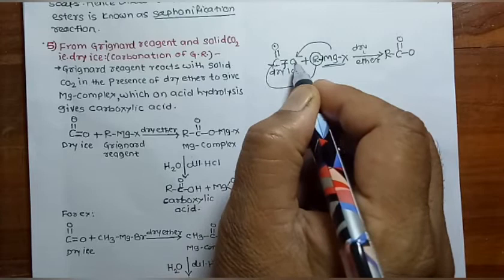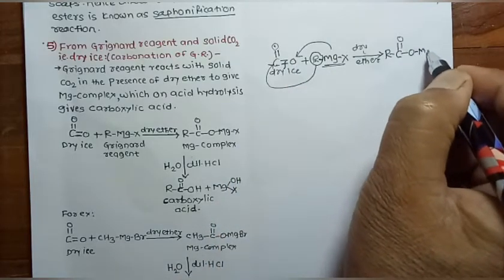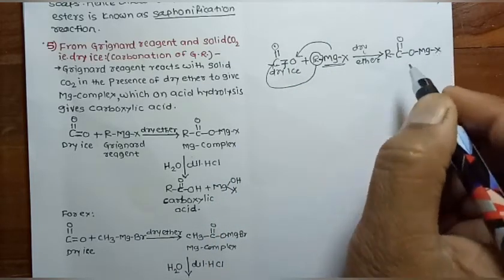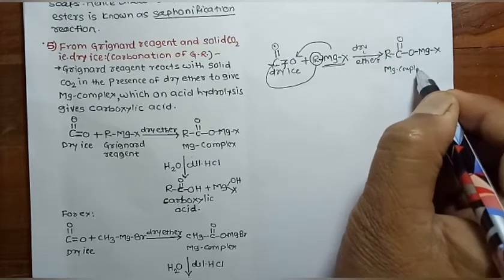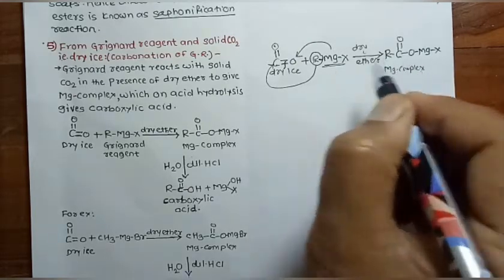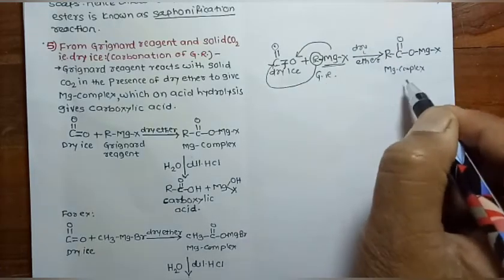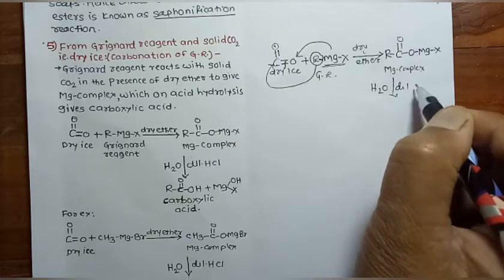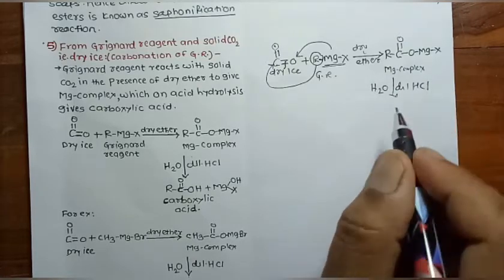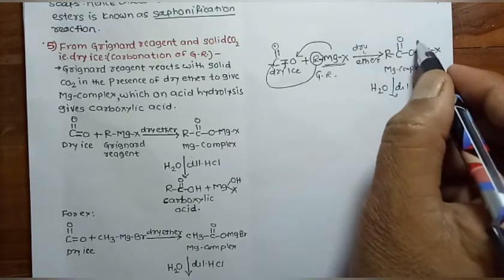Here C single bond O, and this MgX is known as magnesium complex. Now this magnesium complex on acid hydrolysis, addition of water molecule in the presence of dilute HCl, takes place like this.